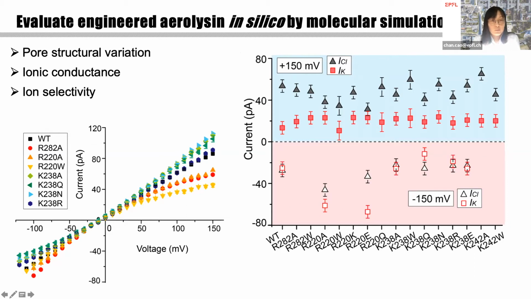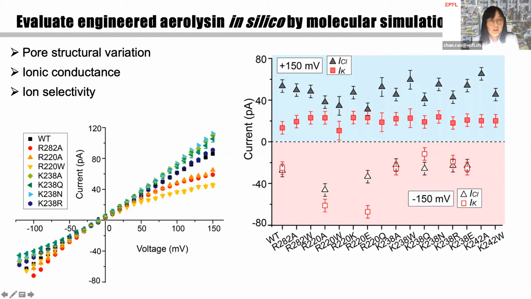So I would say because of the arginine to alanine, the mouth of the pore loses the positive charge, so it loses the attraction of the chloride. That's why we got a wider pore but low current. If you go to negative voltage, we do observe for the top mutation, it becomes potassium-dominated current.